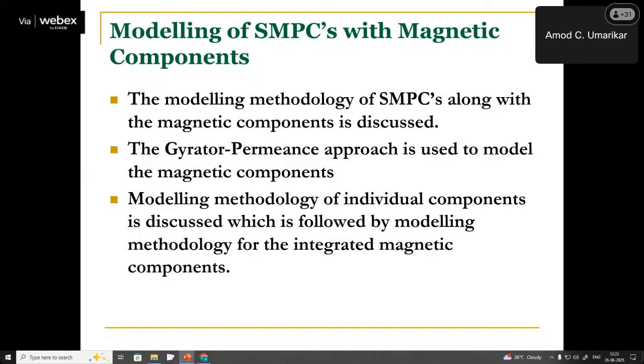Modeling is basically about what you want to see. If you want to go deeper and understand the performance, such as the core loss, then your model has to be more detailed. But if you want to see only the basic effect of inductance and are not interested in loss in the inductor, then you model only up to that point. If you are interested in hysteresis or non-linear effects, you can model the capacitor as a non-linear capacitor.